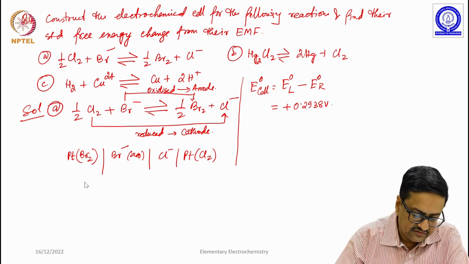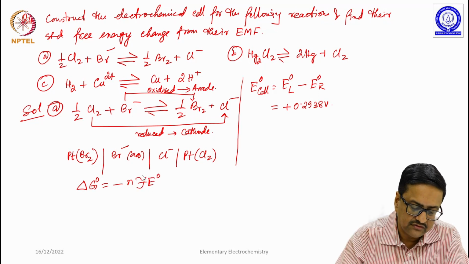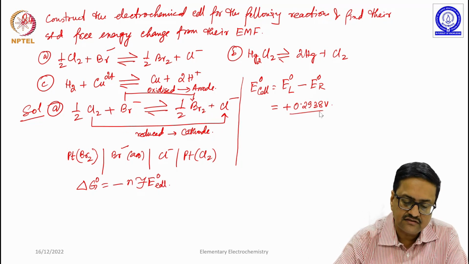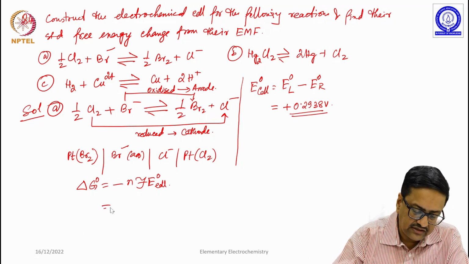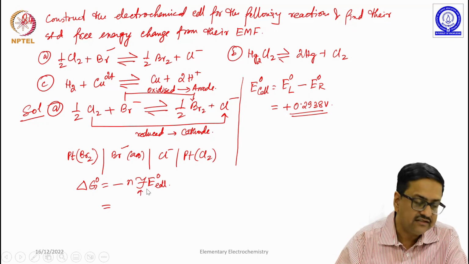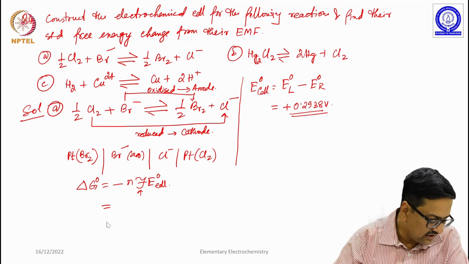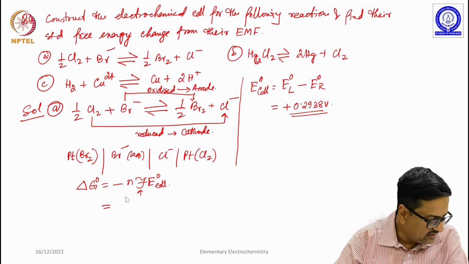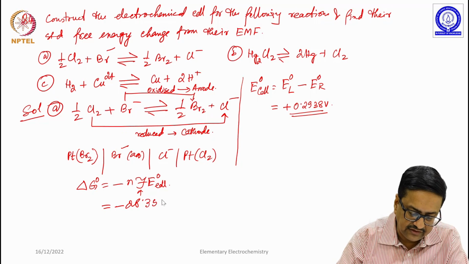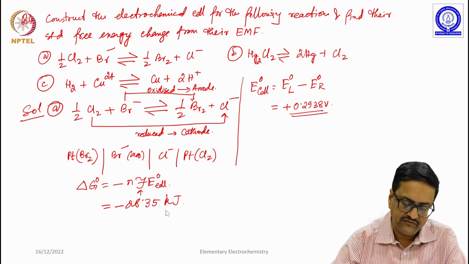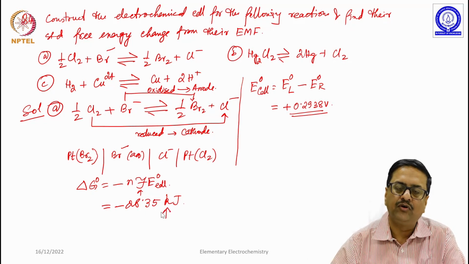So, what we know is delta G0 is equal to minus nFE0, and this E0 is the E0 cell. So, when you do that, you place the value of F as 96500 and n is a 1 electron transfer. One can easily calculate the delta G to be minus 28.35 kilojoules.